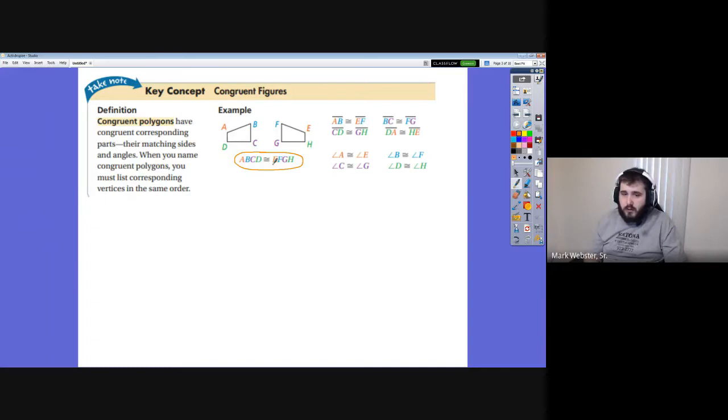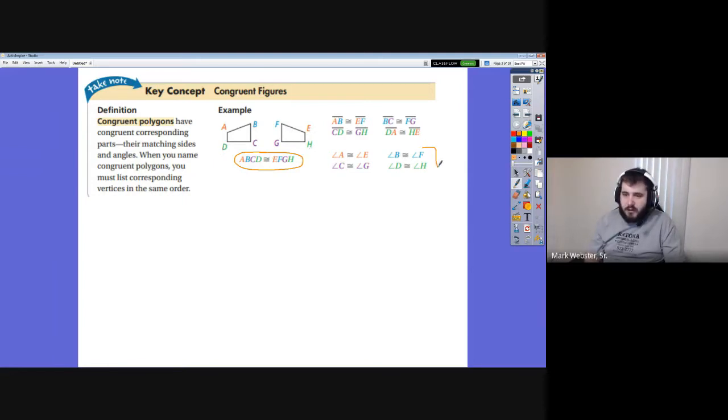The orange one and the orange one? Angle B has to be congruent to angle F. Again, the second letter with the second letter. Angle C and angle G have to be congruent, the third letter and the third letter. And then D and H have to be congruent, the fourth letter and the fourth letter.